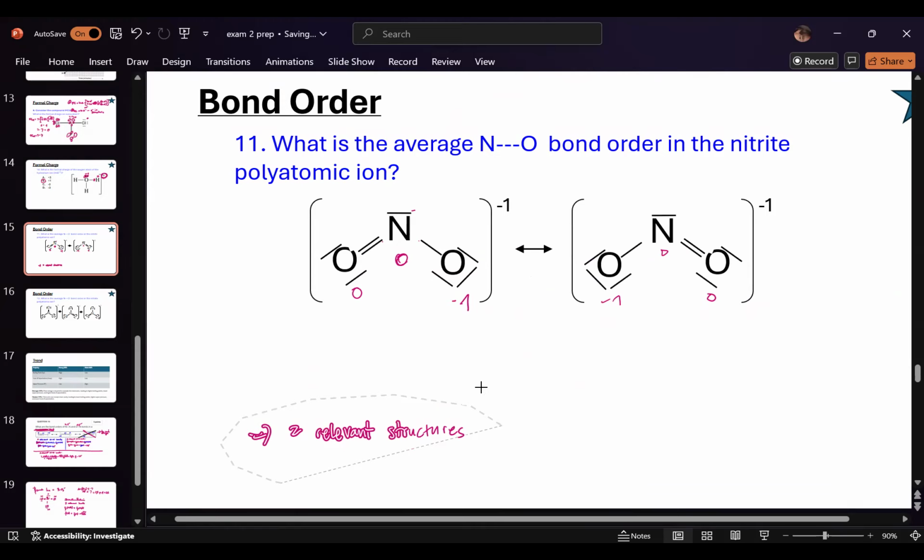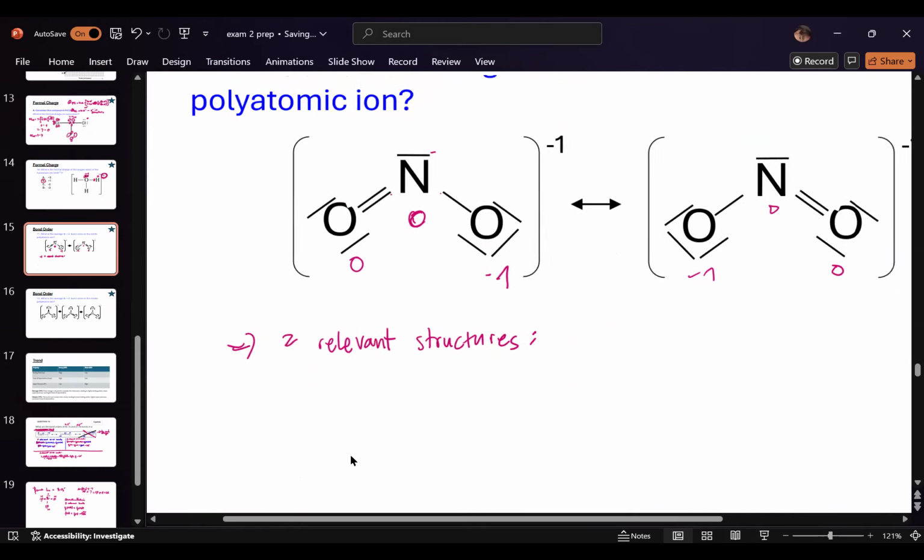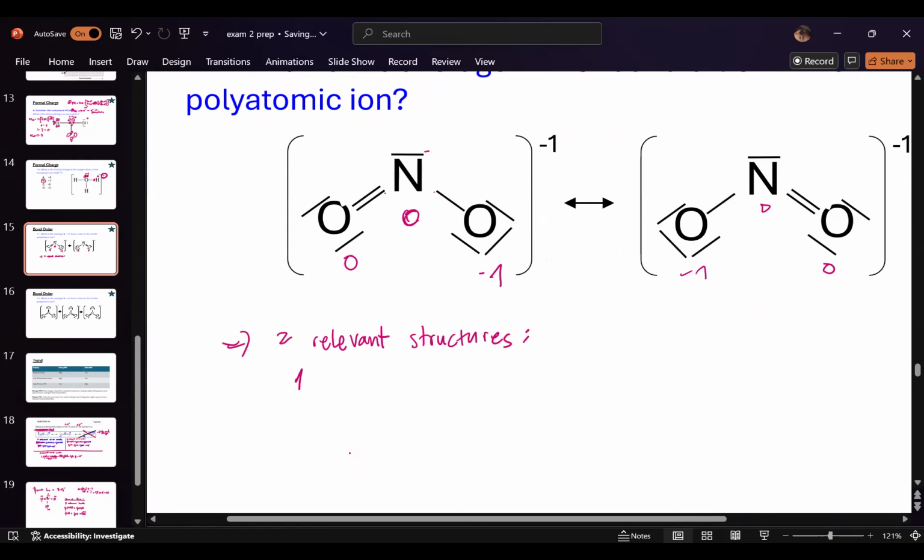Okay, you have two relevant structures overall, and in both structures you only have one single bond, and you also have one double bond.